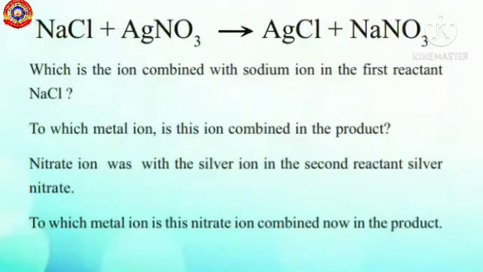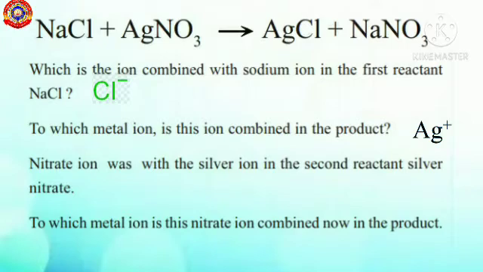Which is the ion combined with the sodium ion in the first reactant NaCl? Yes, Cl minus. To which metal ion is this ion combined in the product? Silver ion, right? You know that nitrate ion was with the silver ion in the second reactant silver nitrate, right?